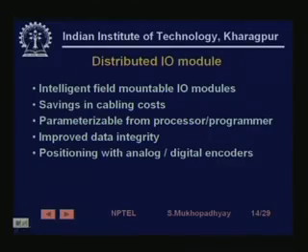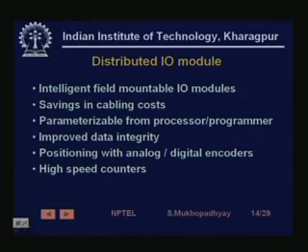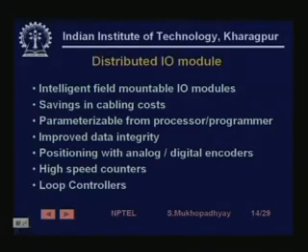Typically they are used for applications like very close positioning with analog digital encoders, which requires frequent sampling and frequent slow output generation, very difficult to do with the central processor because it will get loaded. High speed counters need to count high speed events like fast moving shafts and angle pulses.